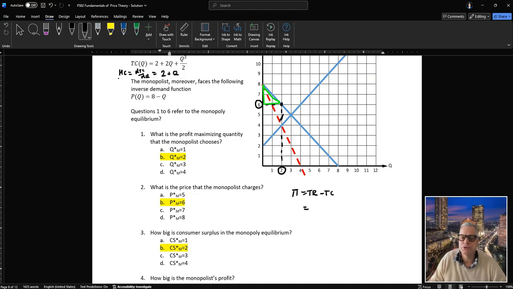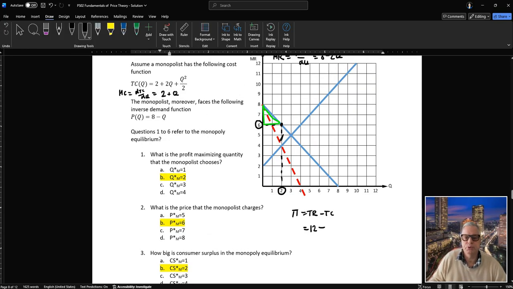So total revenue is 6 times 2, that's 12. And the total cost, when the monopolist produces 2, is 2 plus 4, which is 6, plus 2 squared, 4 over 2, so that is 2. So total cost is 6 plus 2, which is 8. So 12 minus 8 is 4.